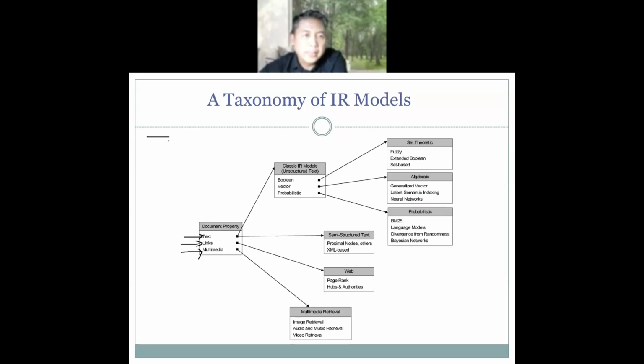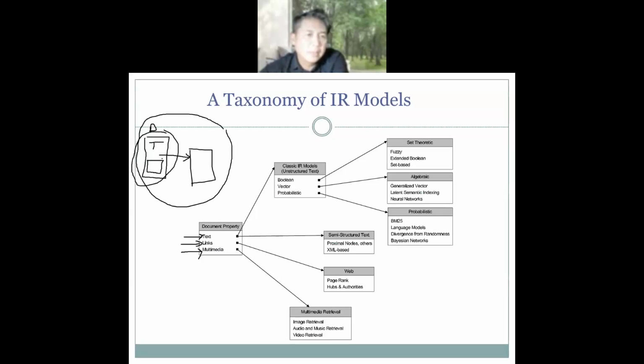So when we say this is one document, inside the document you have the images and also the text. At the same time, this one also has a link to another document. Okay, so are we considering this as one document, or only this as one document? Because normally a web page has a link to another document.